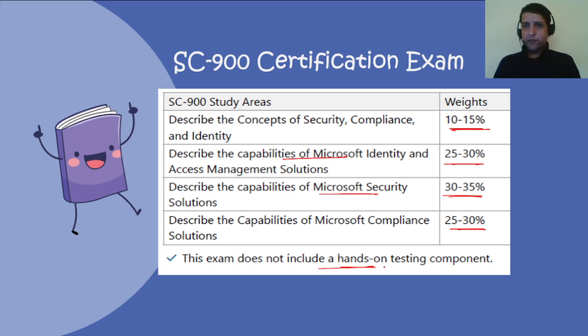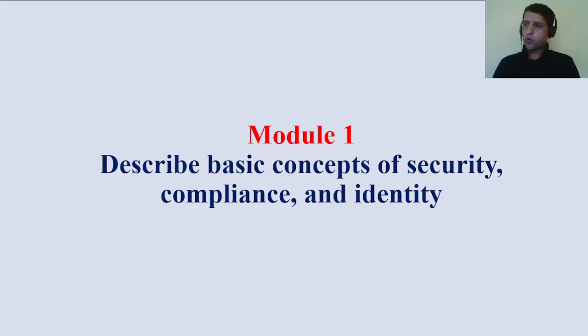I'll surely come up with practice questions we need to go through, but right now this shows us the important things we need to remember with respect to each module. If we go to module 1, which is describing basic concepts of security, compliance and identity, let's see what we need to remember, because they'll be asking questions based on those concepts.